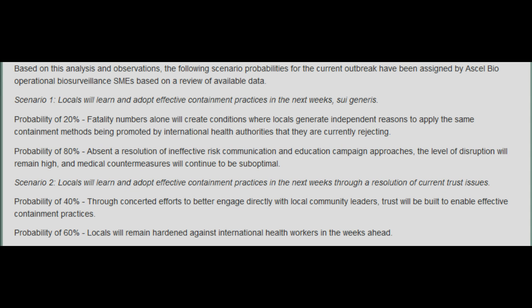All right, so they're summing it up. Based on the analysis and observations, the following scenario probabilities for the current outbreak have been assigned by Excel Bio's operational biosurveillance SMEs based on the review of available data. So everything that they've done, the 8 points, this is their summary. Scenario 1. Locals will learn and adopt effective containment practices in the next weeks.